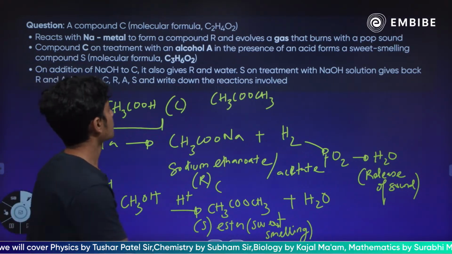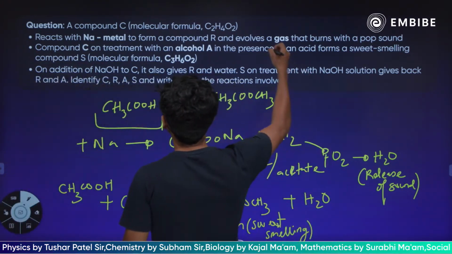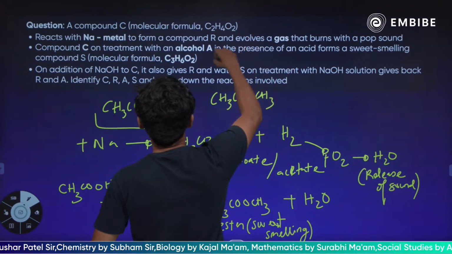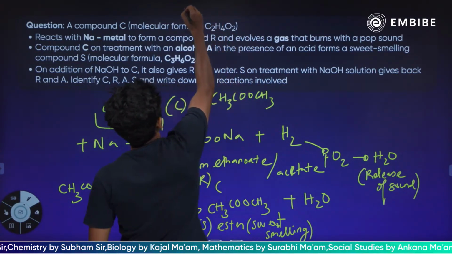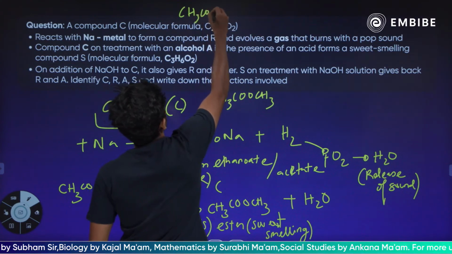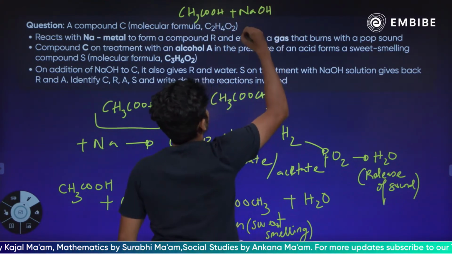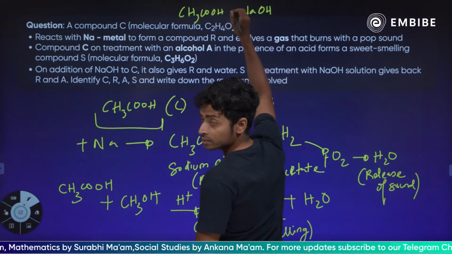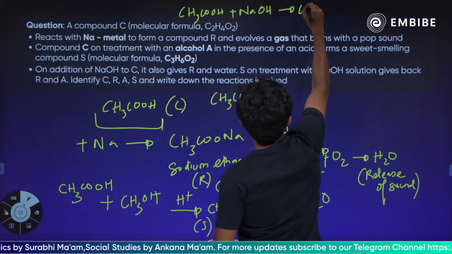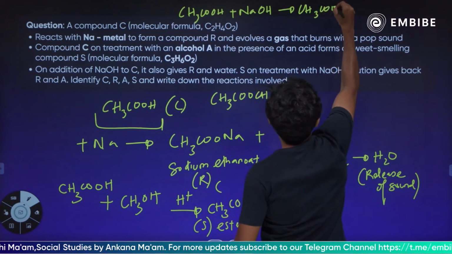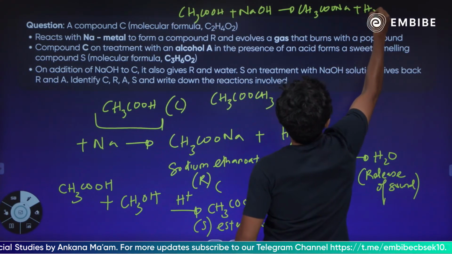Next, addition of NaOH to C. C is my acid, which is acetic acid. CH3COOH plus NaOH: CH3COOH is an acid and NaOH is a base. So you will get sodium acetate, CH3COONa, plus some water.